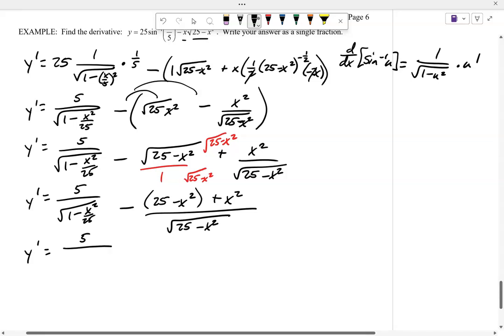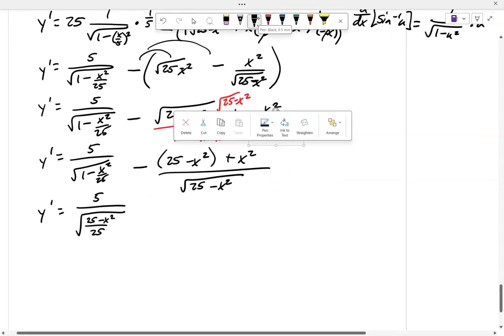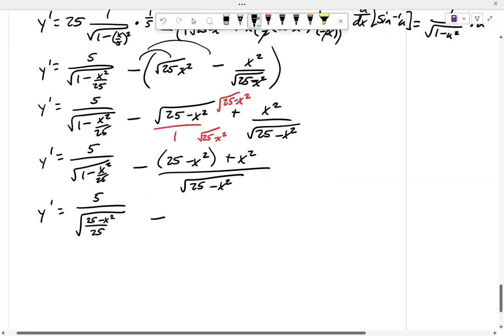And I'm going to also over here write this as 1 over 1 minus x squared over 25. So that's 25, if I give that a common denominator, over 25. And then minus, and I've got 25 minus x squared plus 25, right?